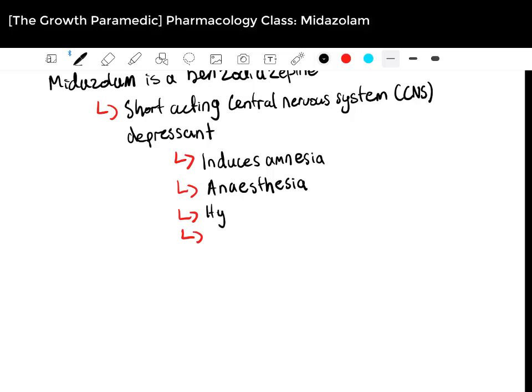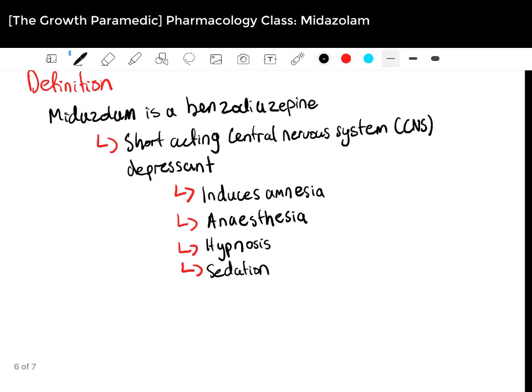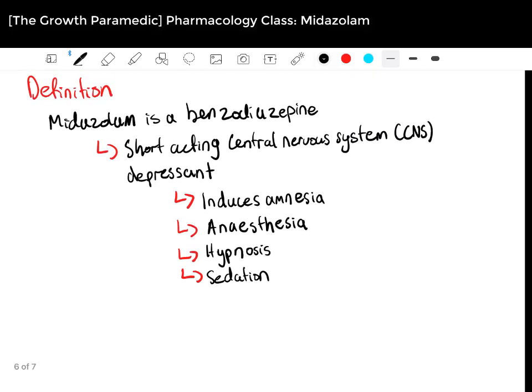Hypnosis and sedation. So from there you can already tell that Midazolam is primarily used as a sedative drug.